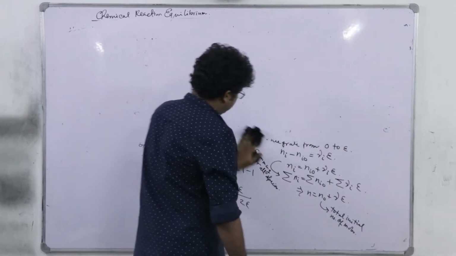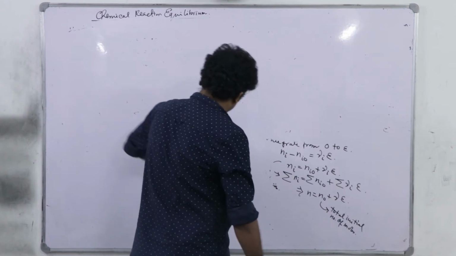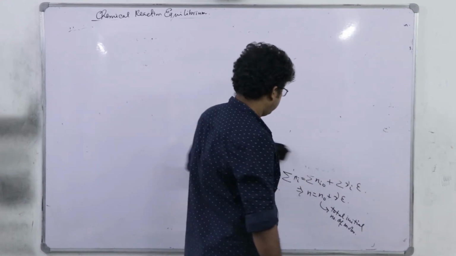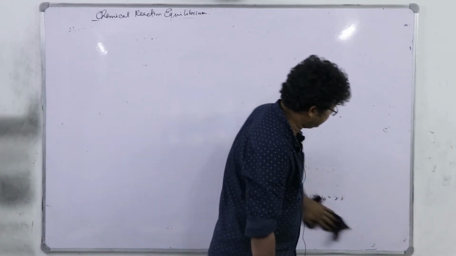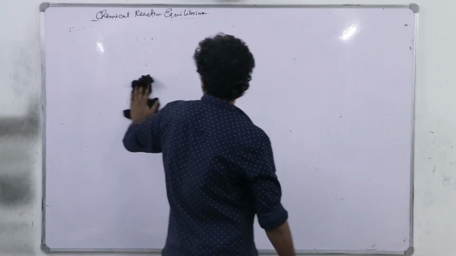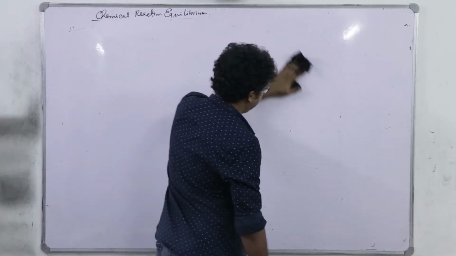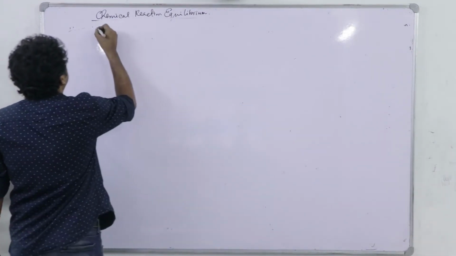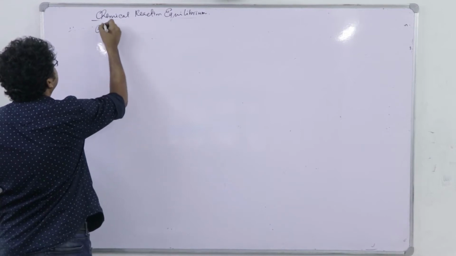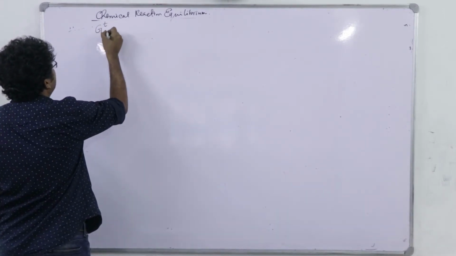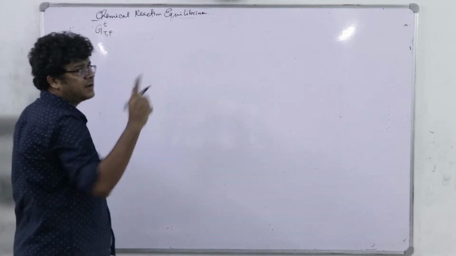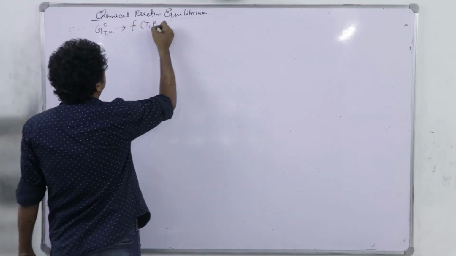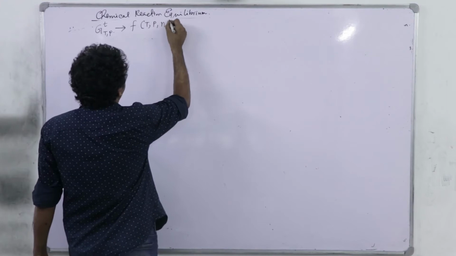Right. So, in thermodynamics, first we have to understand how the Gibbs energy of a reacting system changes with time, or more precisely with epsilon, because epsilon increases as the reaction proceeds and attains a saturation value, an equilibrium value. Gibbs energy is a function of temperature, pressure, and the number of moles.